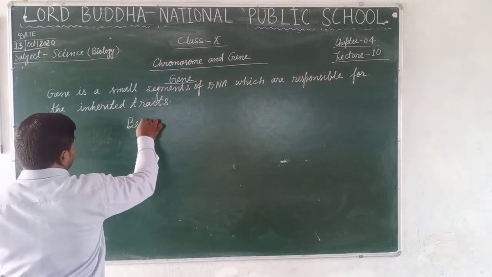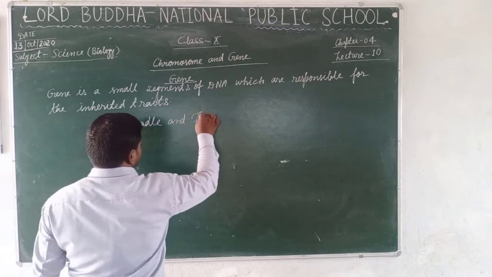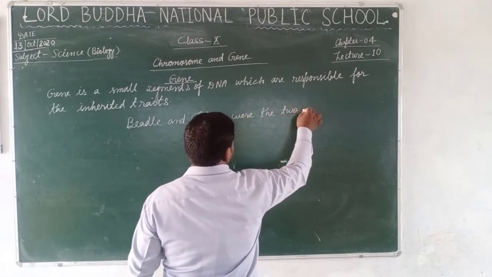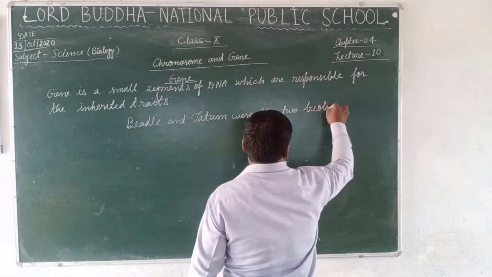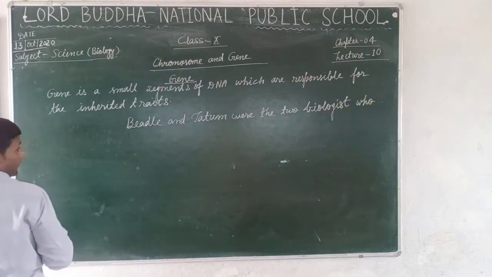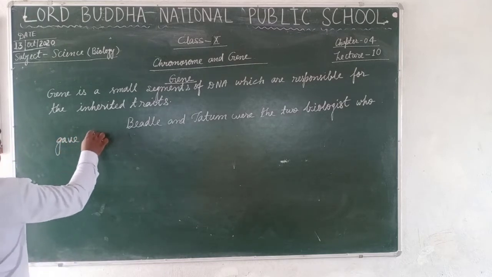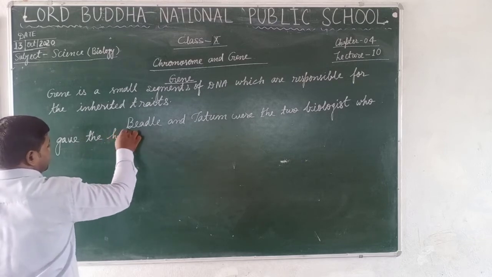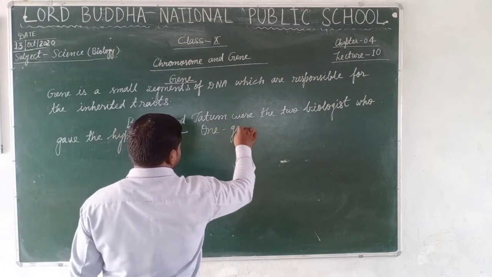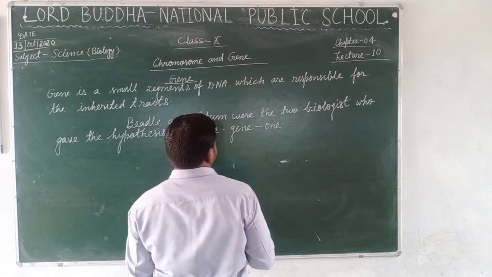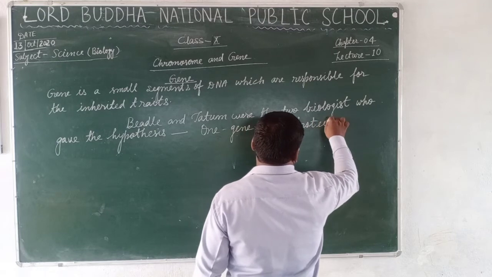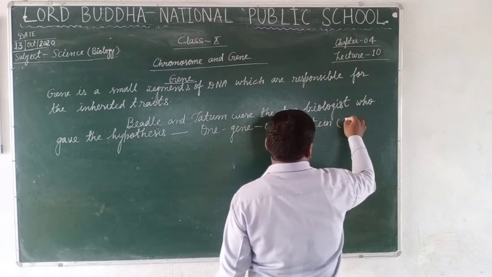Students, Beadle and Tatum were the two biologists who gave the hypothesis of one gene, one protein, or you can say one nucleotide.